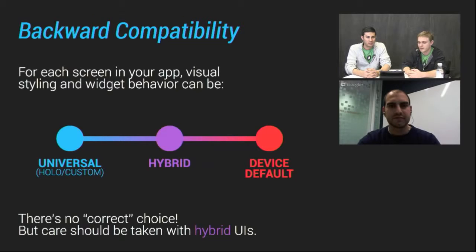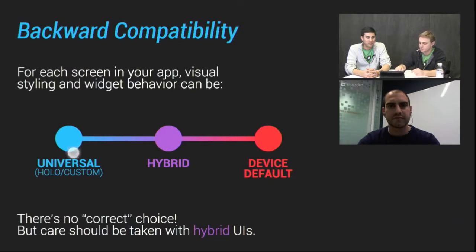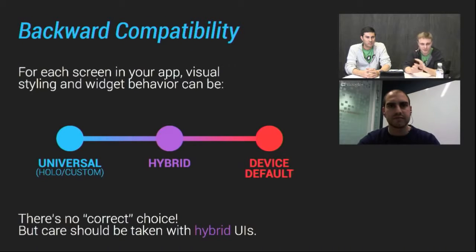So, for example, if I have an app designed for Android 4.0 and above, and I have Holo elements in there, on earlier versions like Android 2.3, Gingerbread, Froyo, whatever, you can make a choice of either taking that Holo design or your completely custom design and using it on that device, or you can say whatever the device default is. For example, checkboxes on Gingerbread were green instead of blue.